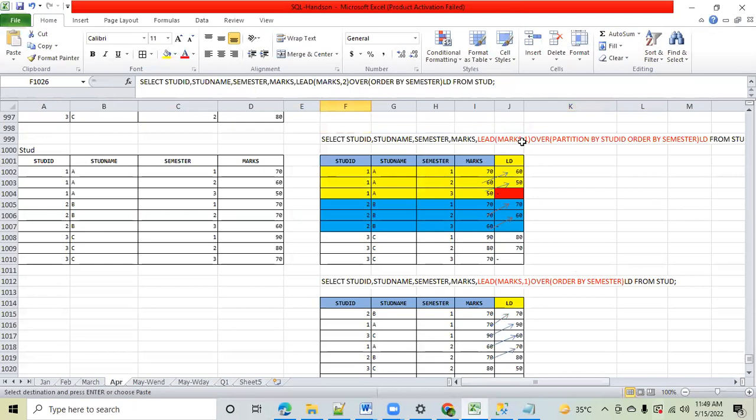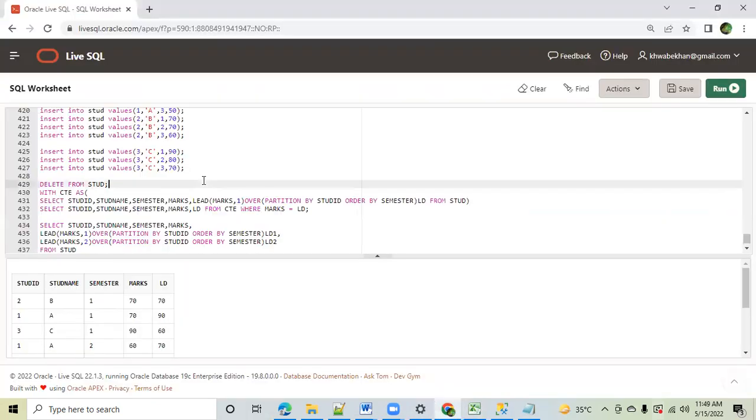So this is all about your lead function, how it works, and partition by. Any question? I've explained how comma 1, comma 2, comma 3 work, the significance of partition by and order by, and how the SQL engine executes this. Any question here?